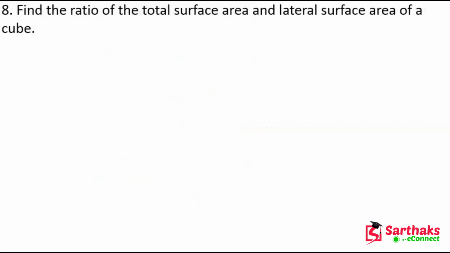Yes, so now my dear friends, the next question is: find the ratio of the total surface area and lateral surface area of a cube. We know that TSA, the total surface area of the cube, is 6a square, where a is the edge of the cube.